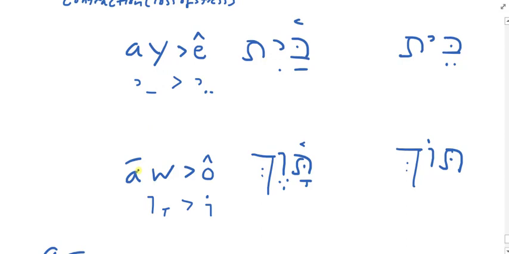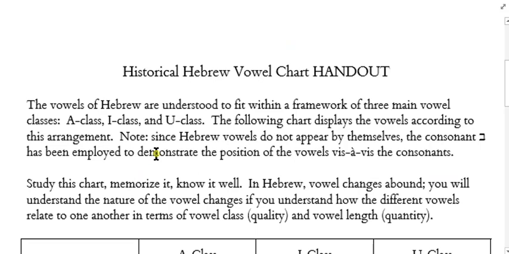Okay? So let's take a look at this chart. In Ross 9.5, he introduces us to the historical Hebrew vowel chart. And I have a handout about this, and so I'm going to walk through my handout for this last section, which is basically equivalent to Ross 9.5.